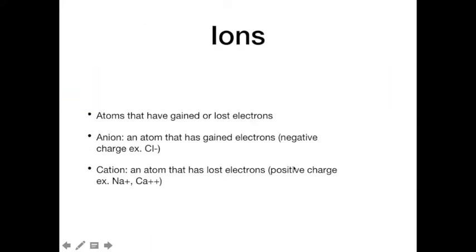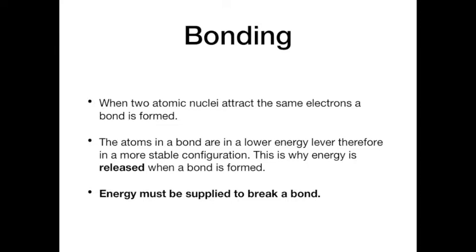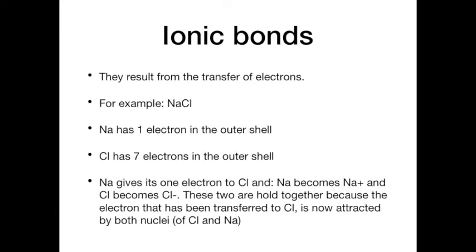Now, in order to understand how a bond is created, we need to understand why a bond is created. Because the substances that are created when two atoms connect to create a bond have different properties than their atoms.